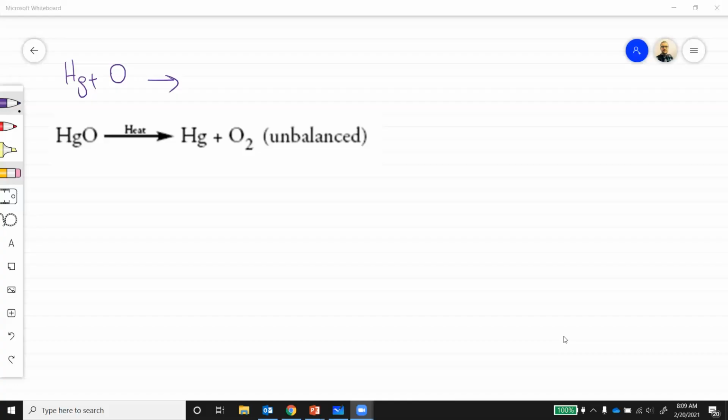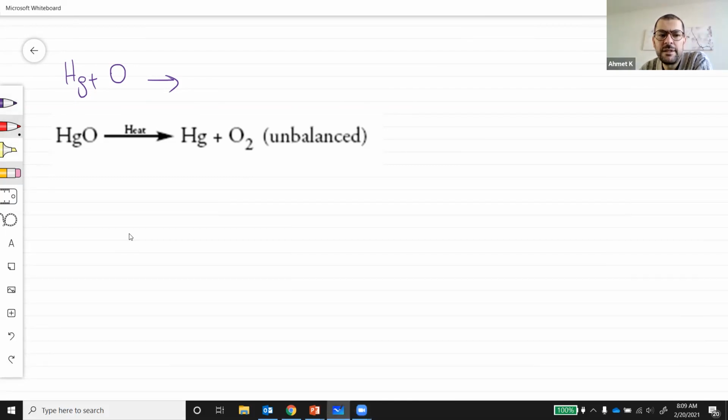All right. So now again, this is an unbalanced reaction, and it's just trial and error. You're just going to look at it and work your math around. You have one mercury here, one mercury here, and if you look at oxygen, we have one oxygen here and two oxygen here, right?